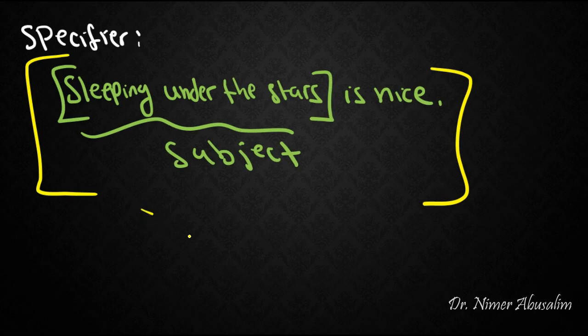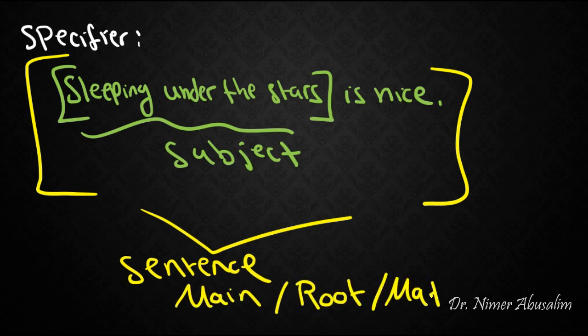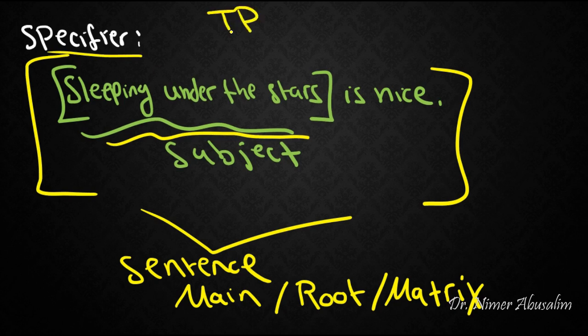This bigger clause here is the sentence, but it's also one type of clauses we talked about. It's the main clause or the root or matrix clause. Our subject clause here is in specifier position. Specifier of what? That's specifier of TP, and it is an embedded or subordinate clause.